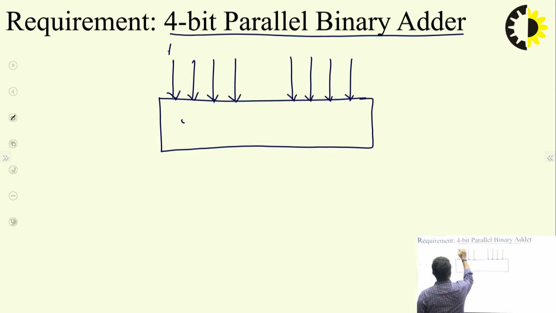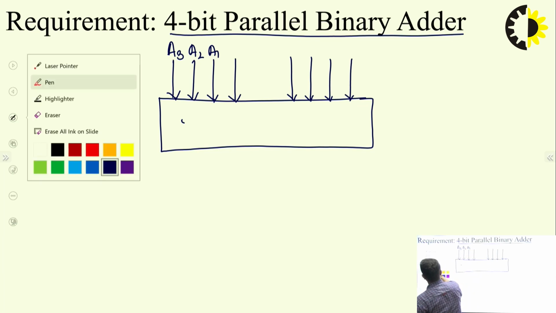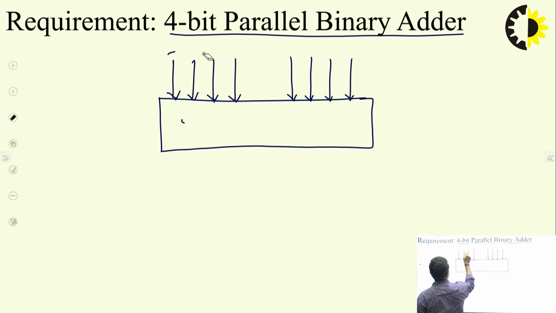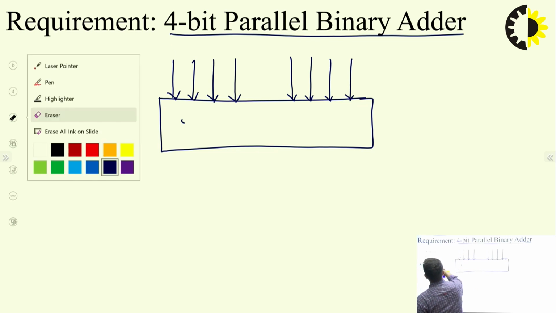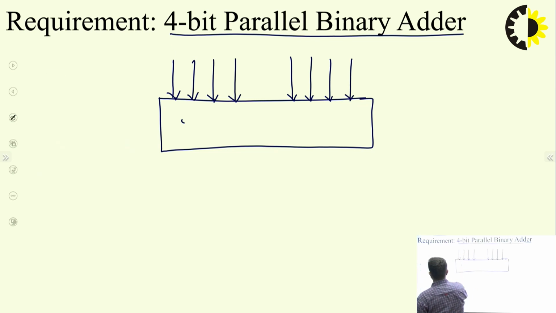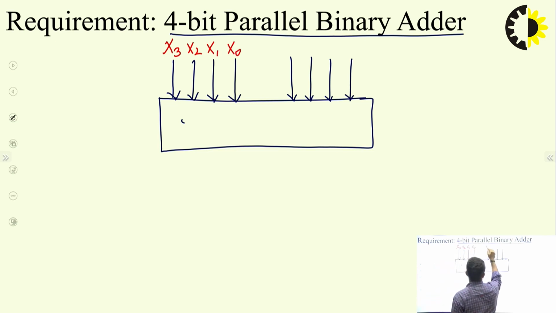Let's suppose these numbers are A3, A2, A1. To avoid the confusion, because A and B we are using as our inputs to be multiplied, I am changing that to, let's say these are X3, X2, X1, X0, and this one is Y3, Y2, Y1, Y0.